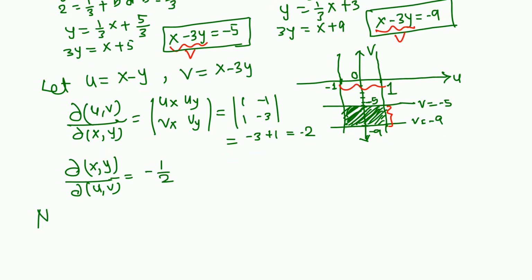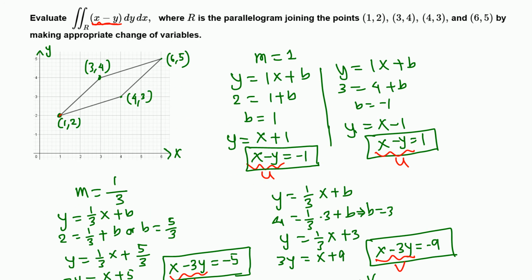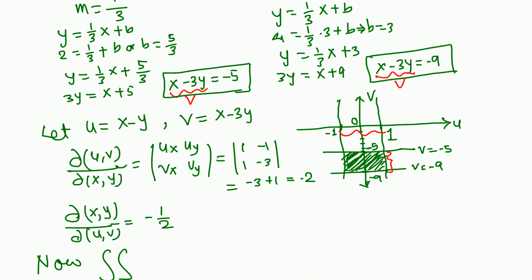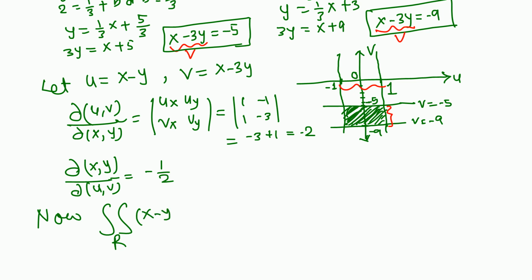Now finally we will be done in a couple of lines. It was given in the question, that was our parallelogram: the integral of x minus y dy dx, or dA, same thing. This is the same as the integral over our new region, let's say D, and x minus y is our u.